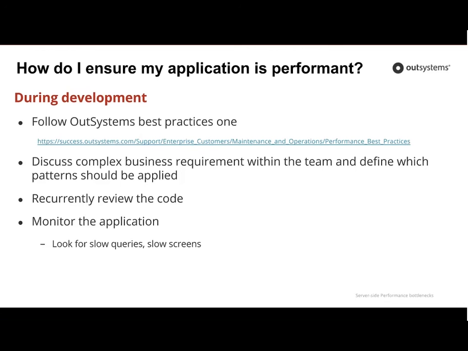Do some code review frequently. This is relevant because some of the patterns that you know are wrong, if we are not going to implement a good code review, are going to end up in production and it could jeopardize the performance.